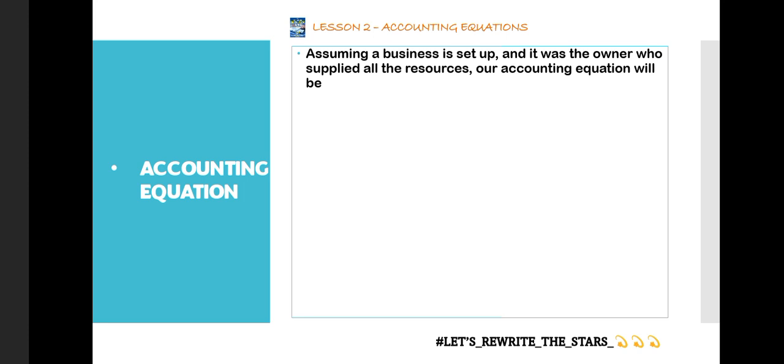Now, after the owner has supplied the things for the business, it does not belong to the owner again. Now it belongs to the business. So the resources which were capital for the owner become the resources or the property of the business. I hope it is clear.